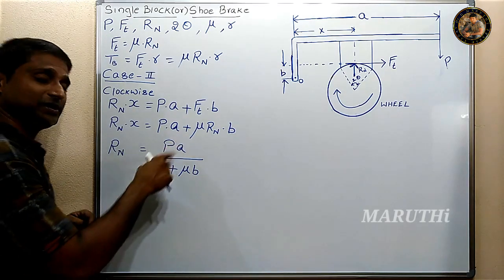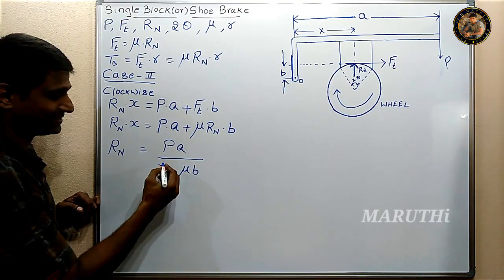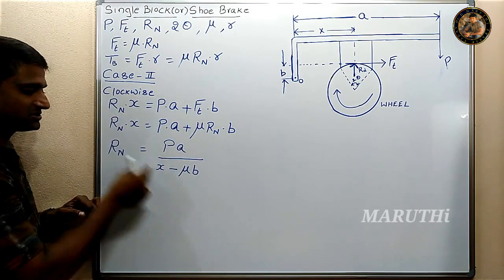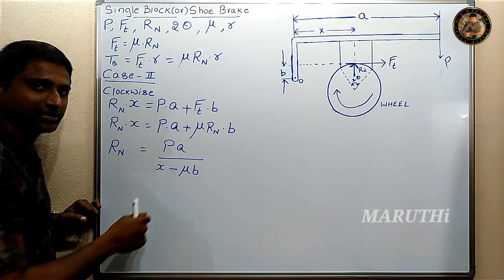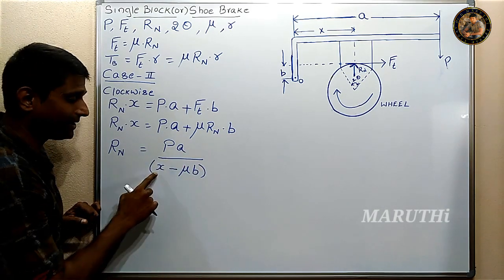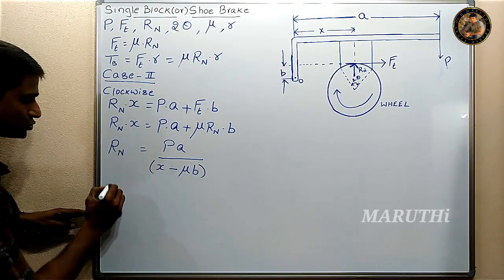So Rn is equal to P into A by x. Sorry, it will become minus because this term comes this side, it will become minus. Then it will come to the other side of the denominator side. Okay. So P into A by x minus mu B. So this is Rn.